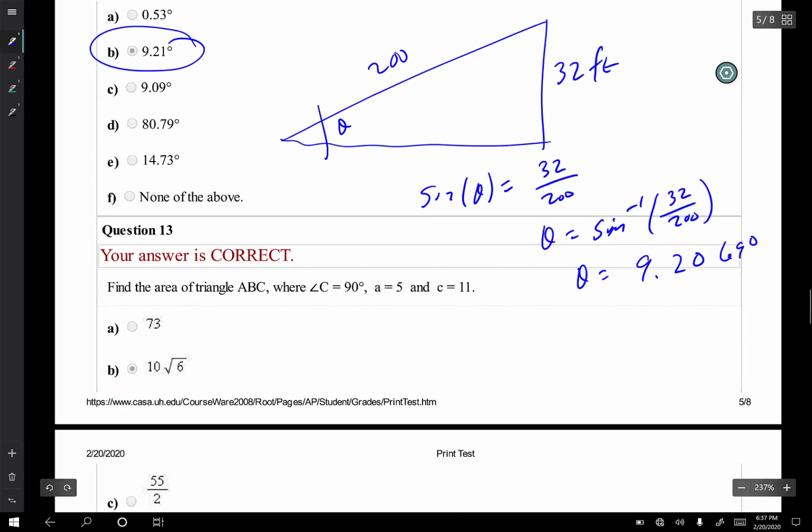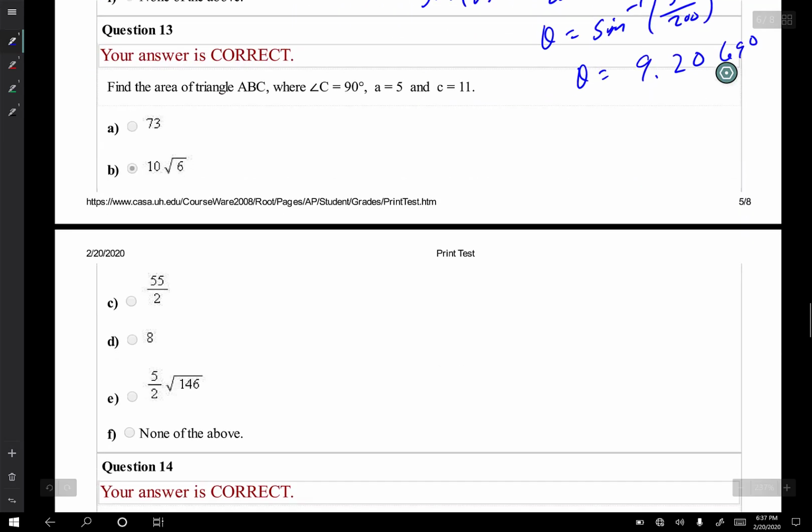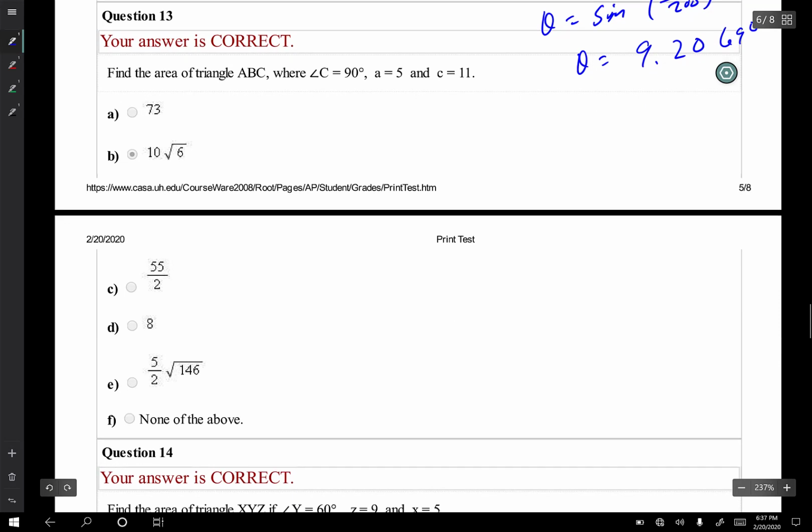We're almost there. Relax. Find the area of triangle ABC where C is 90 degrees, a is 5, and c is 11. So here we go. The angle is 90 degrees here. There's C, A, B. Little a is 5, so this is 5. And little c is 11, so this is 11.